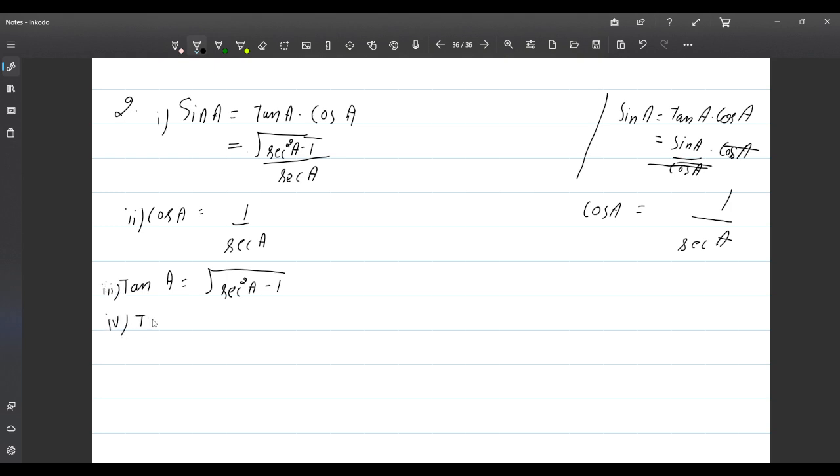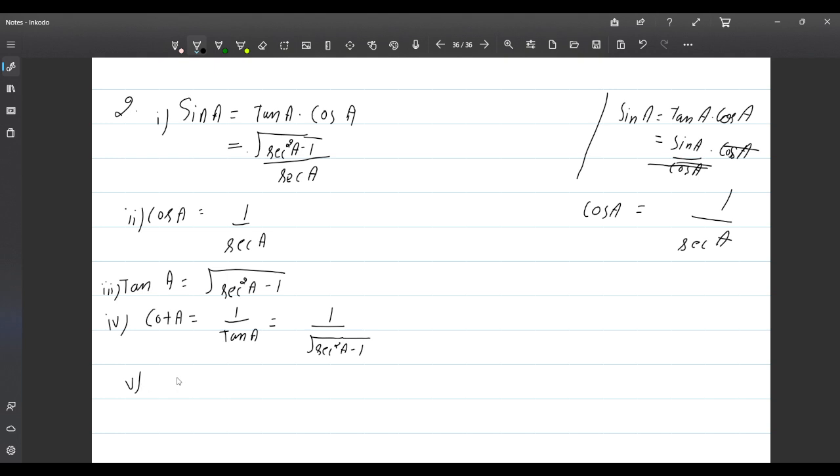Fourth is cot A. Cot A is equal to 1 upon tan A, that is equal to 1 upon under root sec square A minus 1. ये कहाँ से आया? tan अपन ने निकाल ही लिया था, तो ये क्या हो गया? 1 upon under root sec square A minus 1.